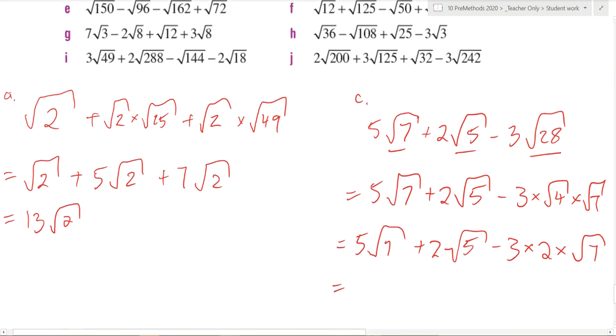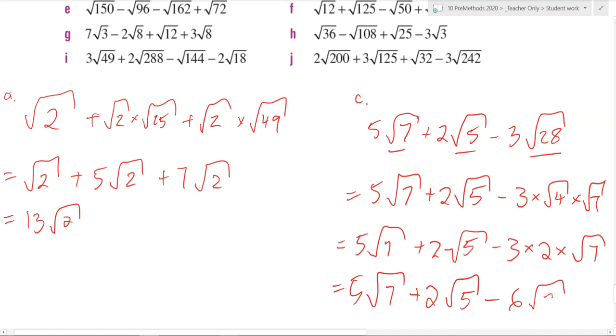So now we've got 5 square root 7 plus 2 square root 5 minus 6 square root 7. Remember I said if they have the same surd, these two have square root 7, you can add or subtract the number out the front.